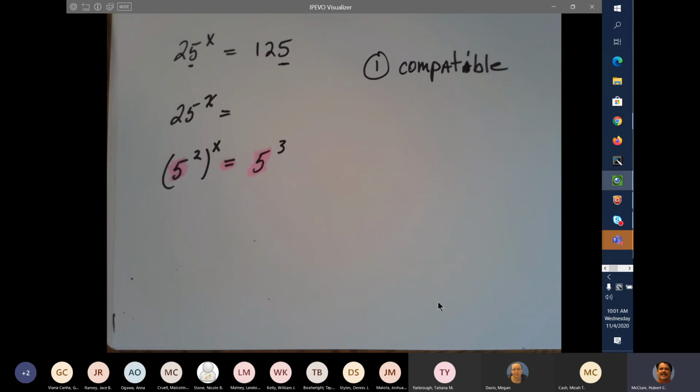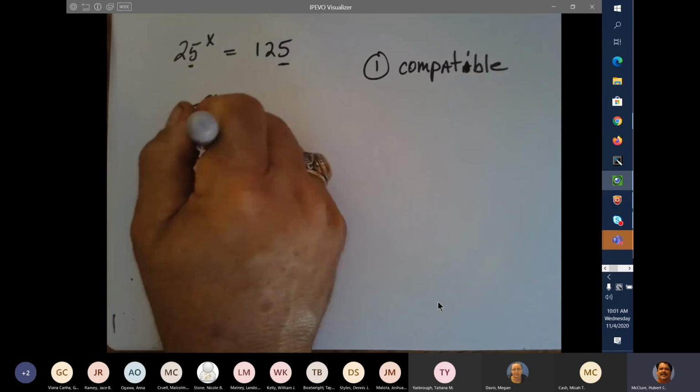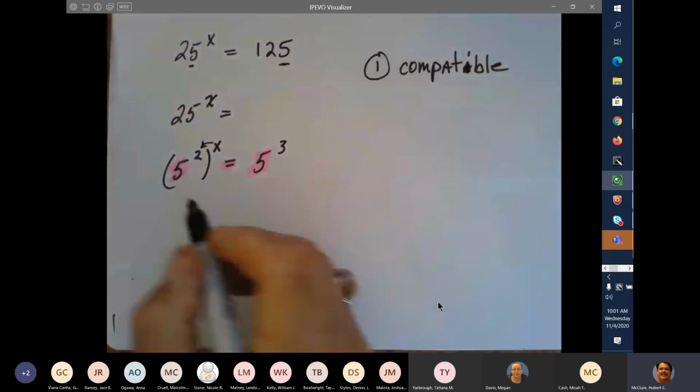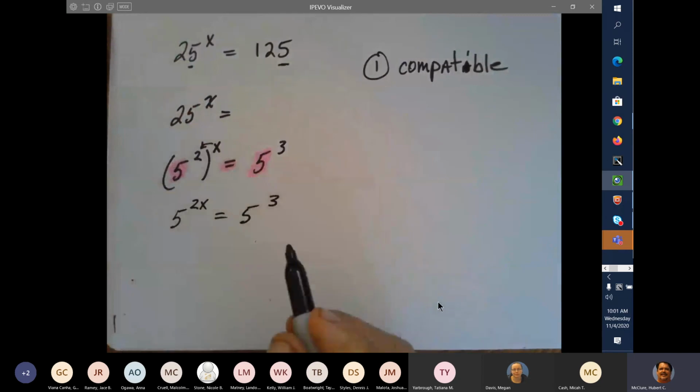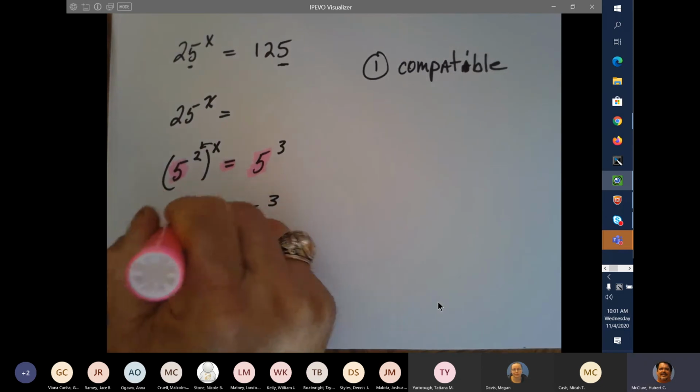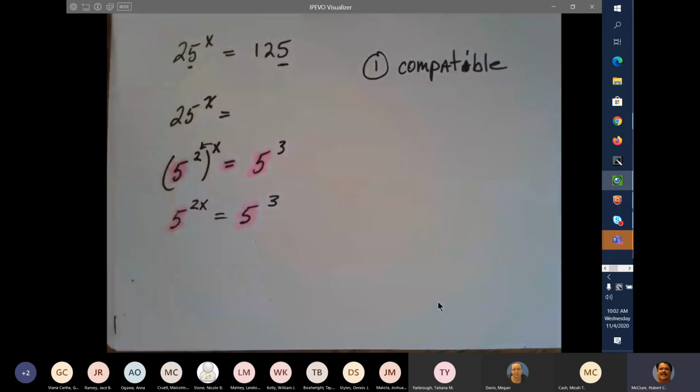Set the exponents equal to each other. That x could be multiplied using the power rule. That's 5 to the 2x is equal to 5 to the 3. My bases are the same. Therefore, 2x is equal to what?